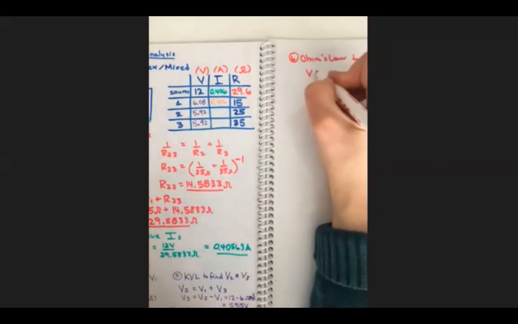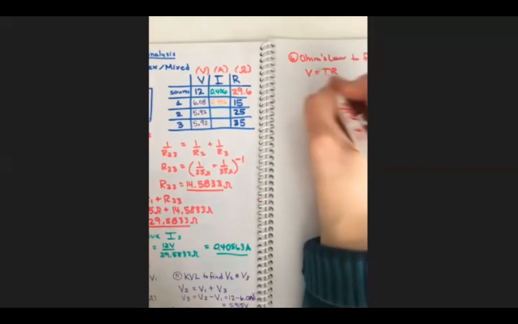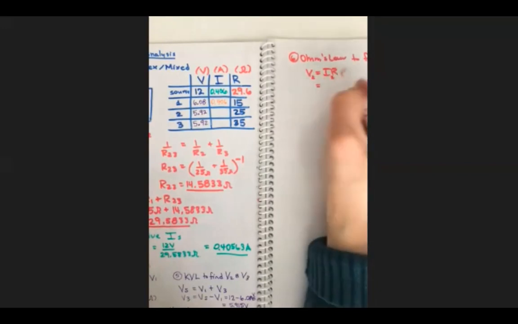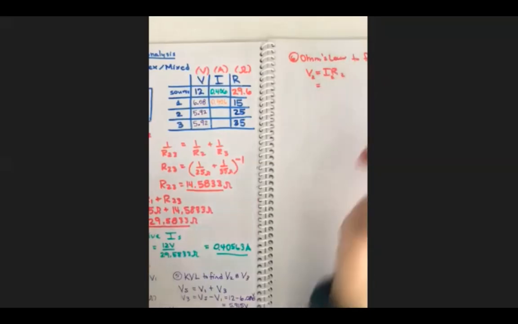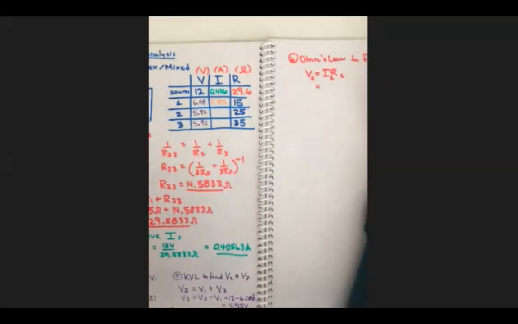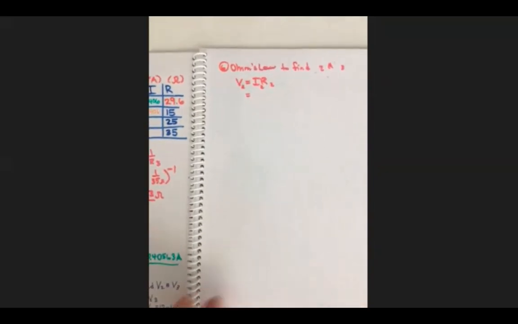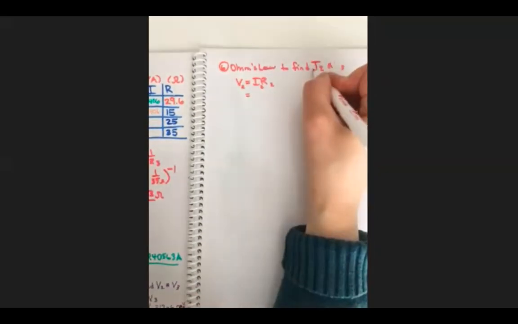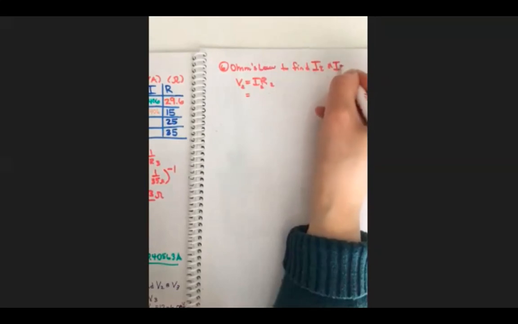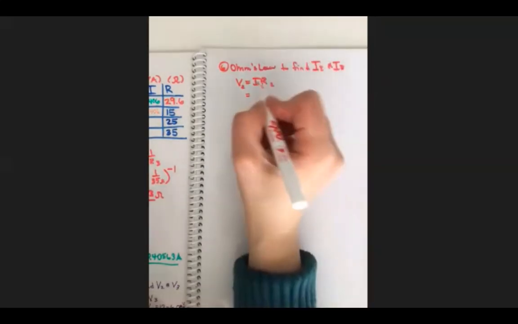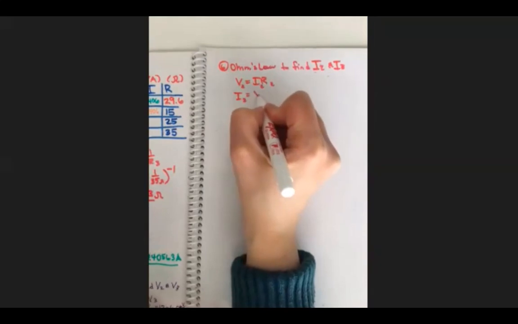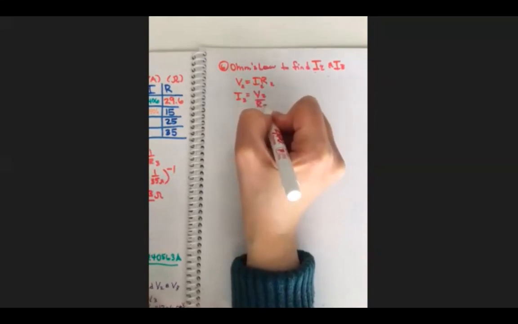We know V equals IR. So that means V2 equals I2 R2. So we're solving for I2 and I3. I2 is equal to V2 over R2.